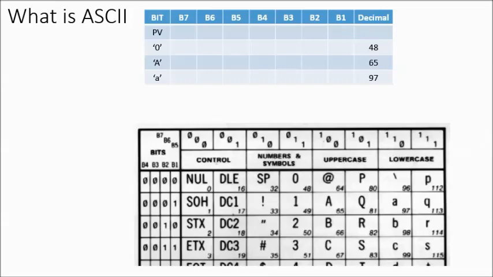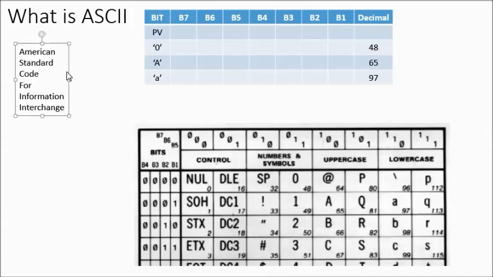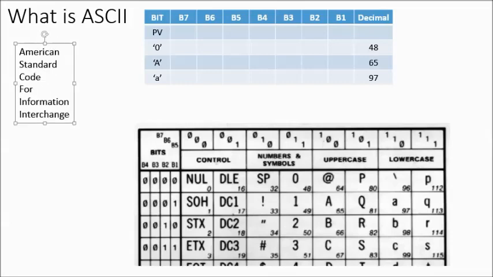Now, when computers started off in their early days, the Americans had a lot to do with it, and hence they came up with the ASCII standard interface. And in those days, computers used to use 7 bits to represent all their data. ASCII stands for American Standard Code for Information Interchange.